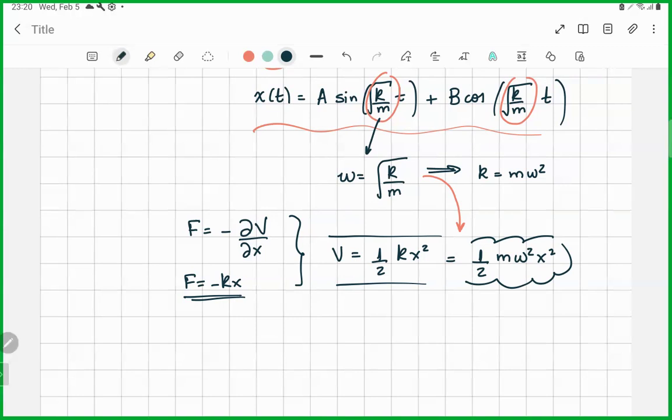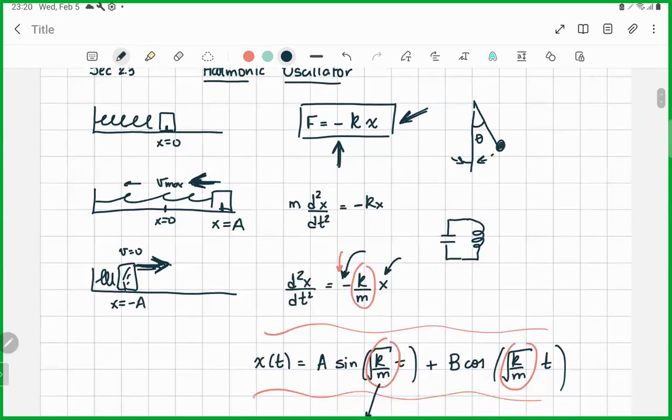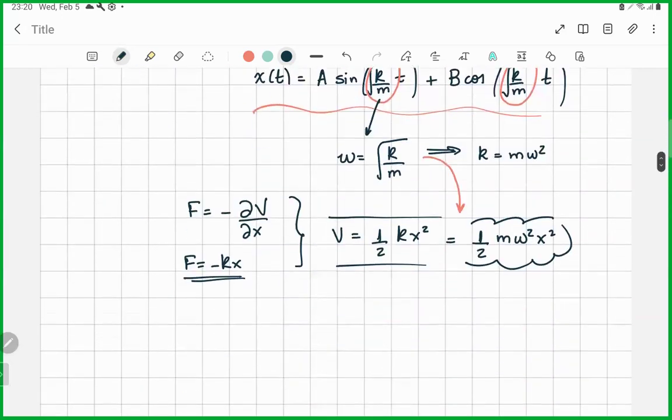Why is this harmonic oscillator so important? Because as you see, there are many real physical systems realizing this kind of motion. And what we are going to be doing is studying the quantum version of that.